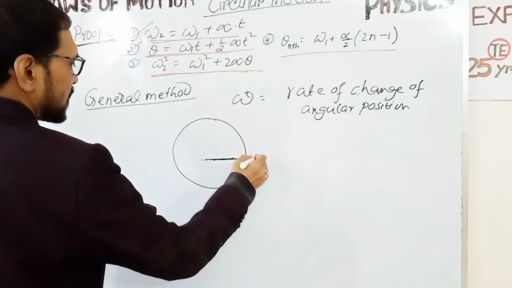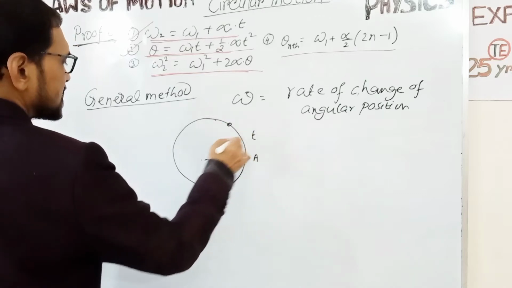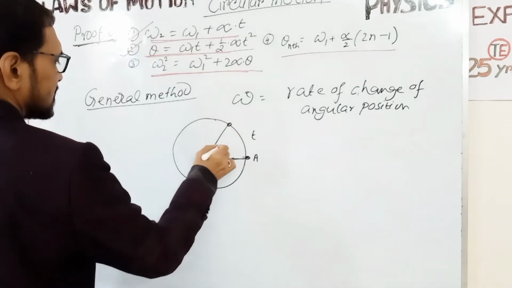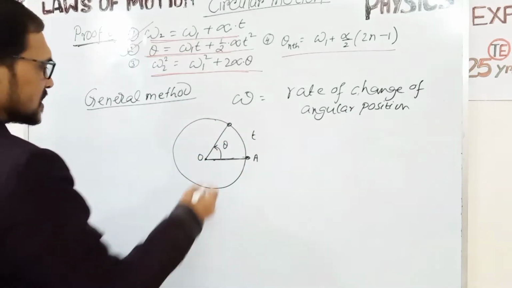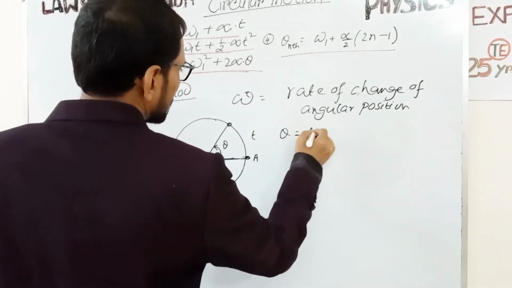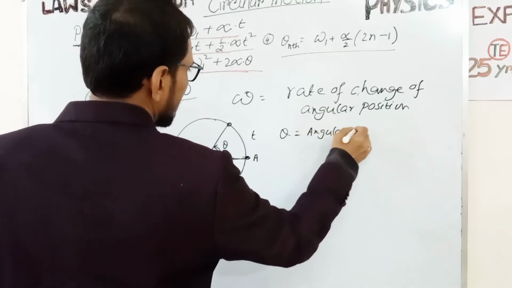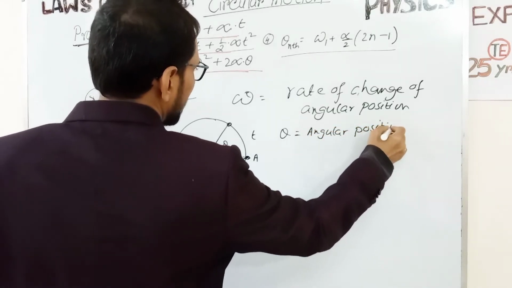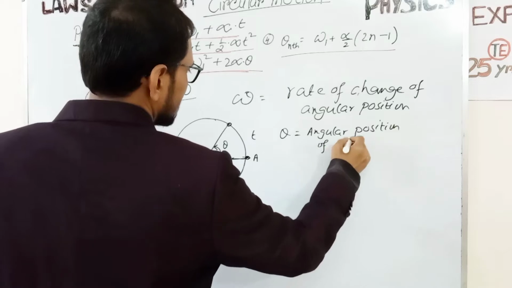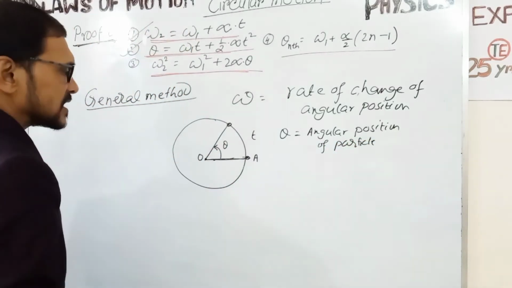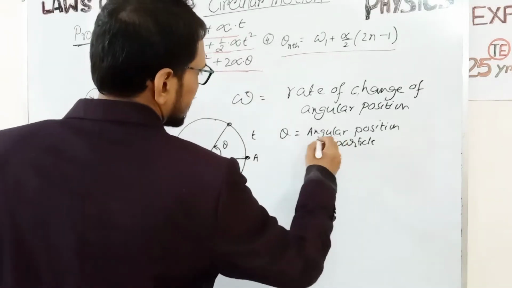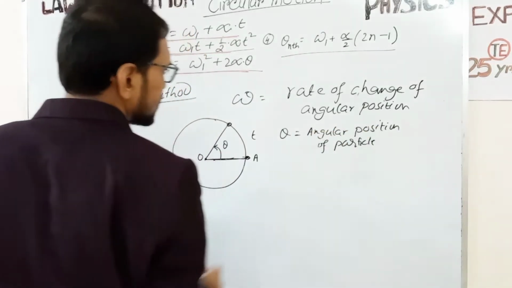Suppose the body is here first, now it rotates in t seconds and makes an angle theta at the center in t seconds. So this theta is called the angular position of the particle. For convenience, we can define this as the angular displacement also, but this is generally the angular position of the particle.